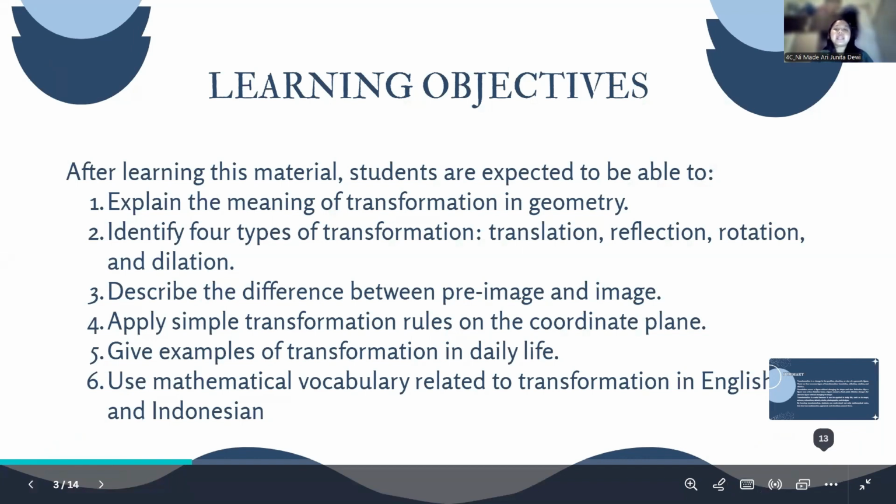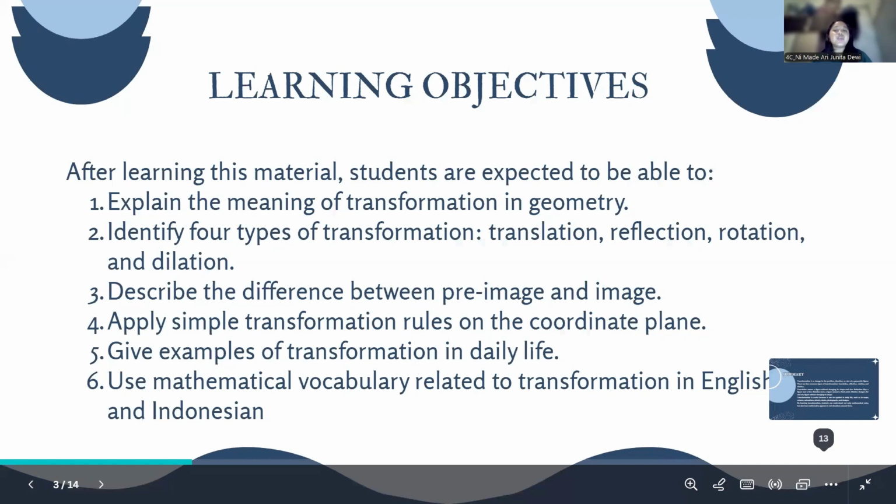Before we begin, let us look at the learning objective. After this lesson, you are expected to be able to define transformation in geometry. You are also expected to identify four types of transformation, namely translation, reflection, rotation, and dilation.